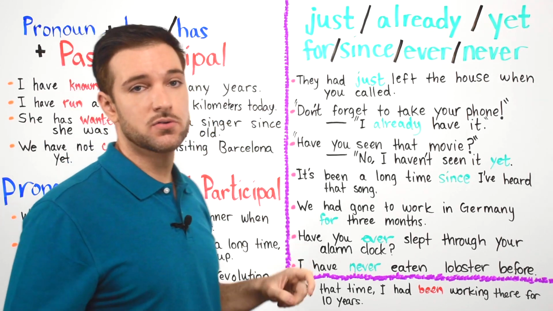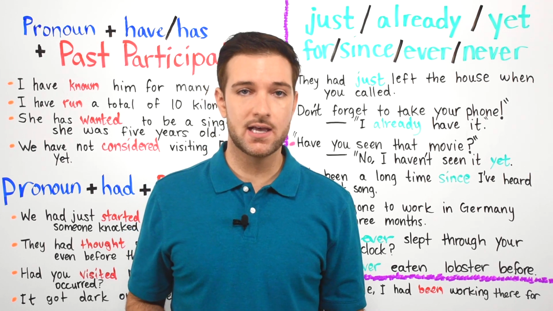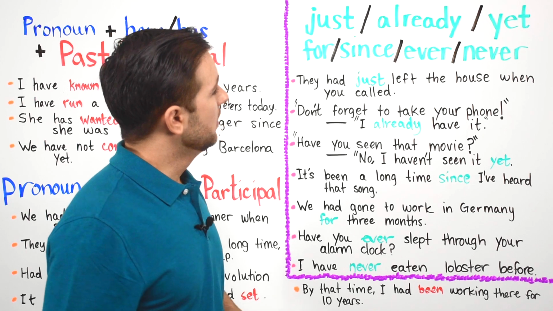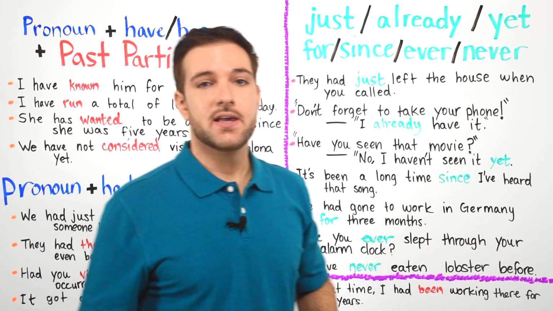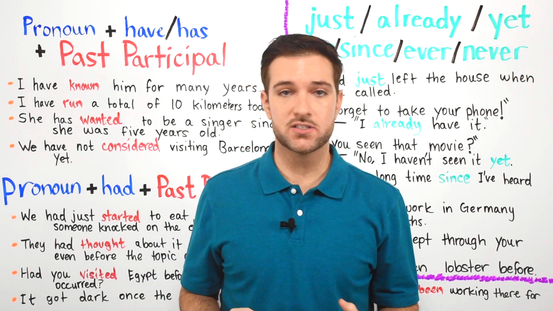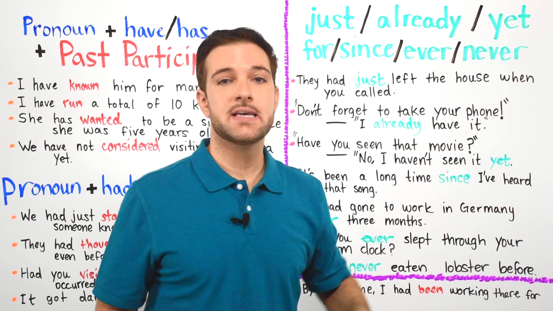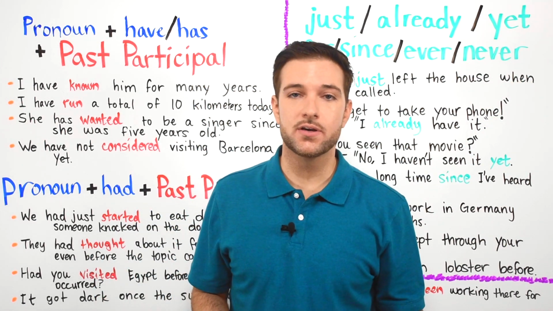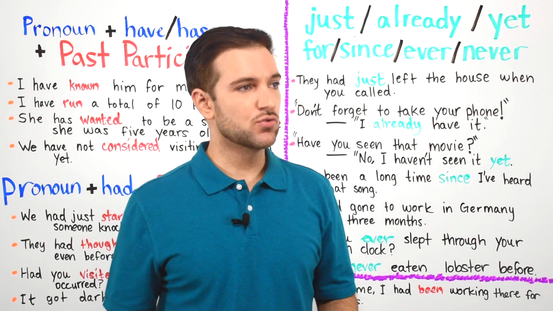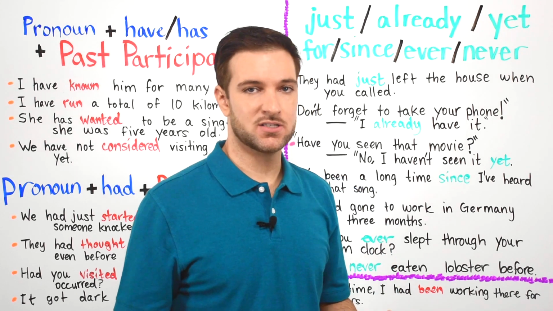Just, okay, so basically we use just to refer to a recent time or a short time before or after something. Next we have already. Already is used to express that something has happened sooner than expected. Next we have yet. Yet is used for interrogative and negative sentences, and it suggests a time that is later than expected.